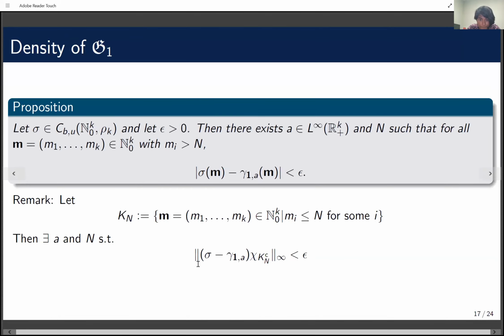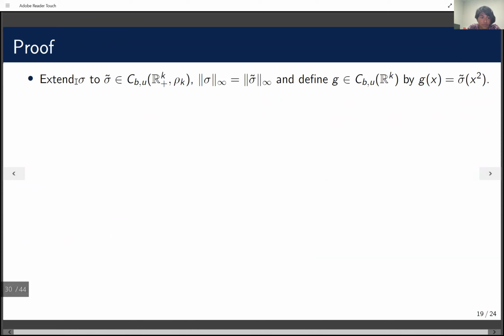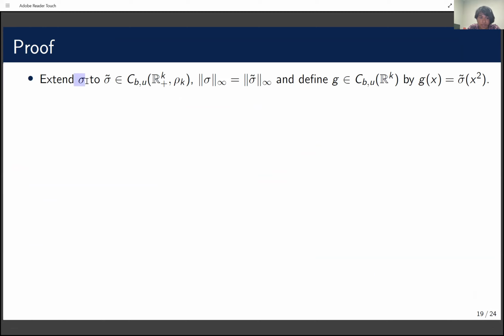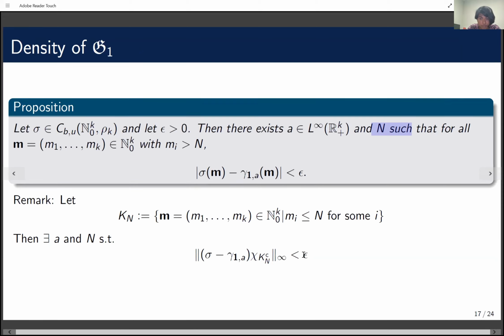So now the proof is, we are starting with a function in CBU, and we need to find a symbol a and an n such that sigma minus gamma 1 a restricted to Kn complement is controlled.